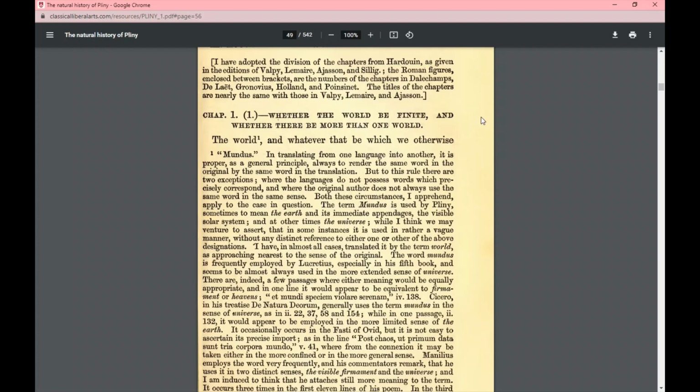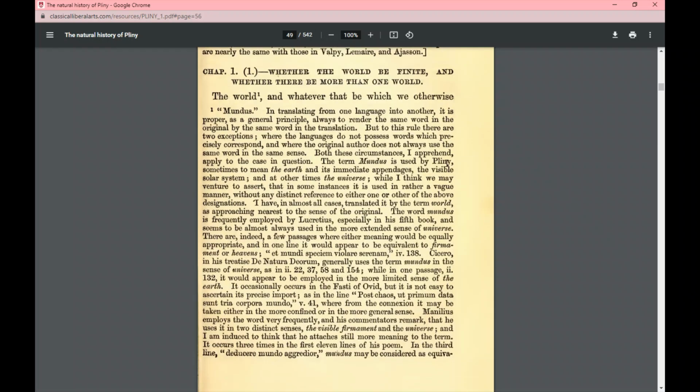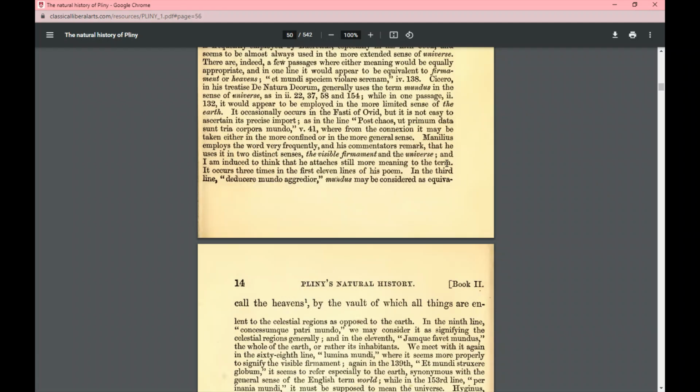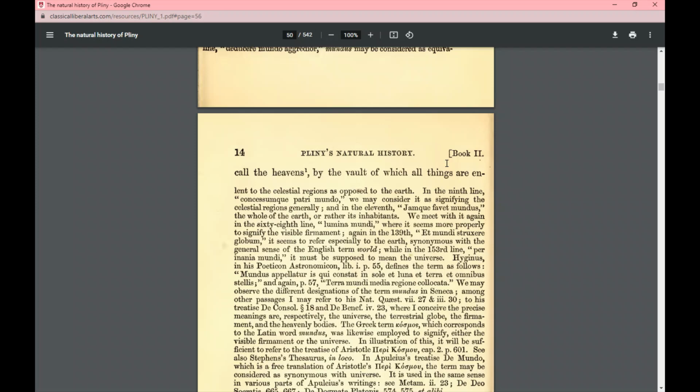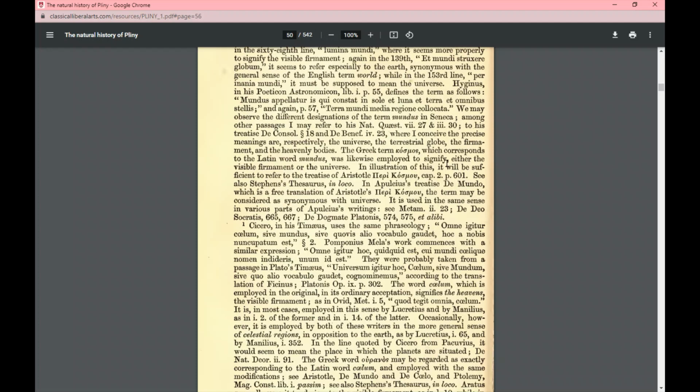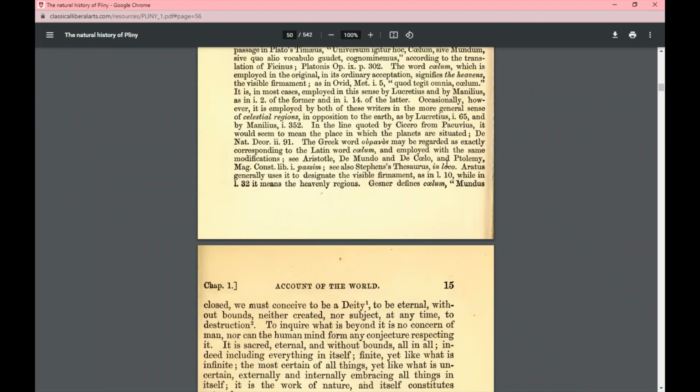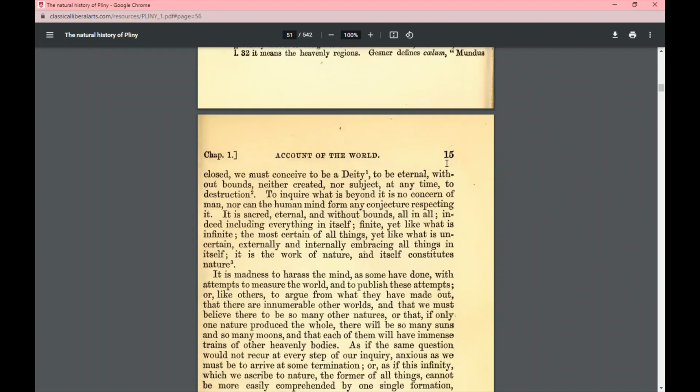Chapter 1. He says, the world, and the Latin word that he uses for world is mundus, the world and whatever that be, which we otherwise call the heavens, by the vault of which all things are enclosed, we must think to be a deity.